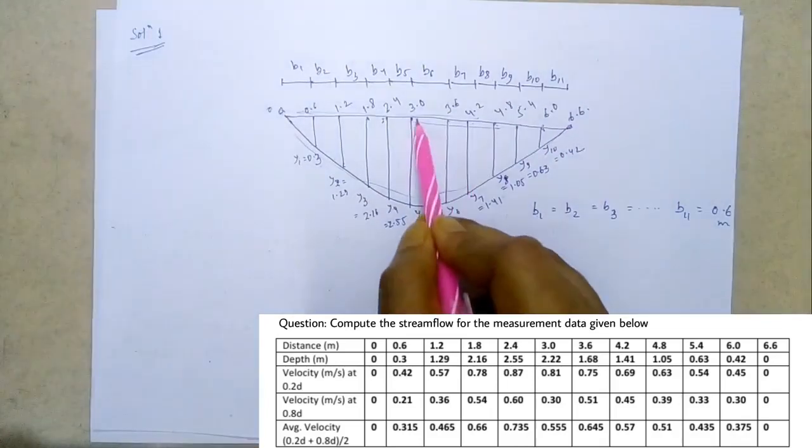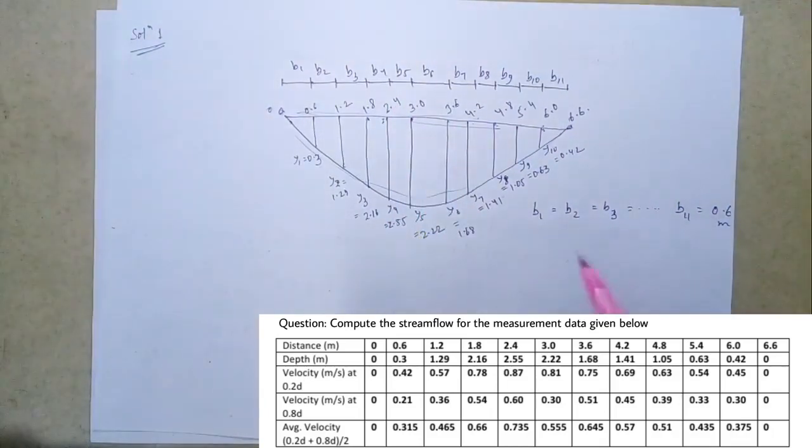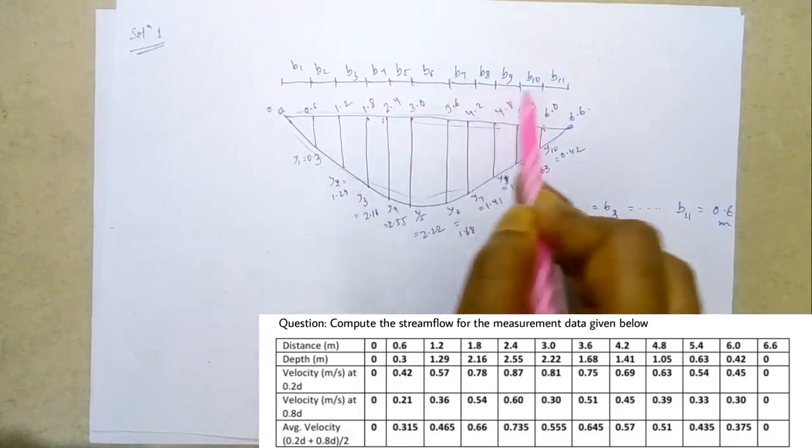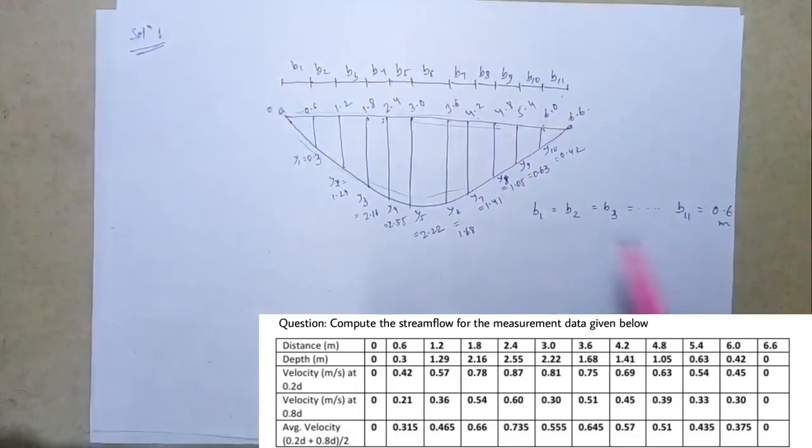So each strip has a width of 0.6 meter. I have named the strips B1, B2, B3, B4 and so on up to B11, so B1 equal to B2 equal to B3 and so on up to B11 is equal to 0.6 meter.